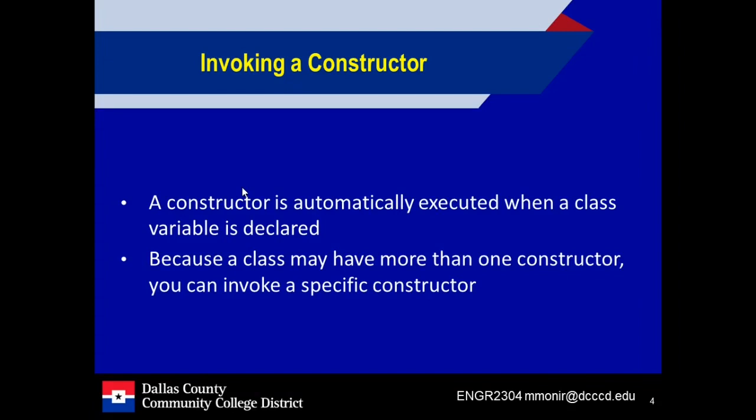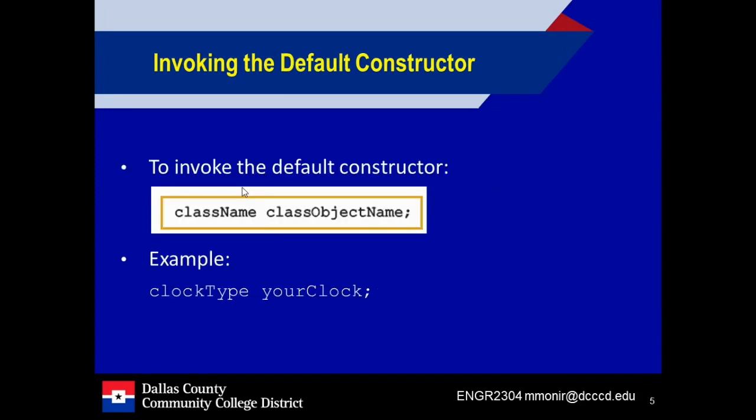Because a class may have more than one constructor, one can invoke a specific constructor. To invoke the default constructor, just declaring an object of a class type automatically invokes the default constructor. We have already seen an example in our program.